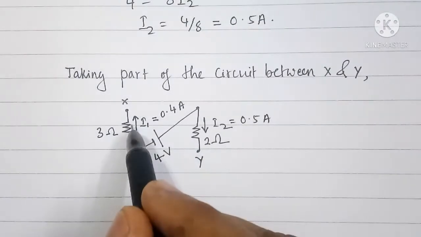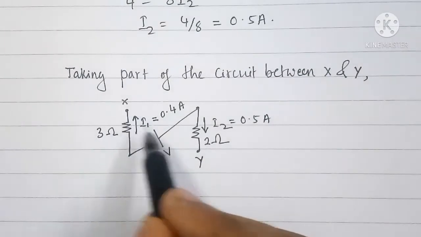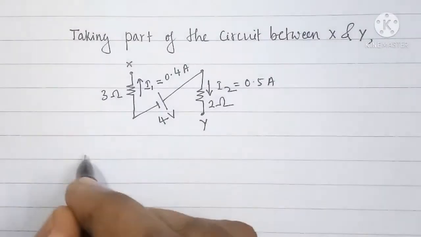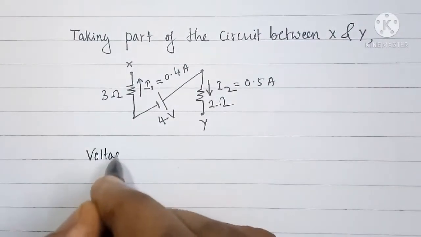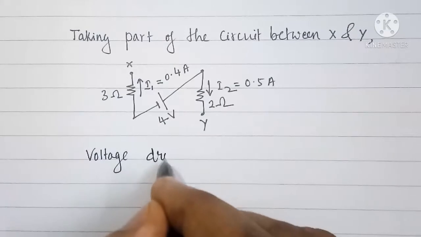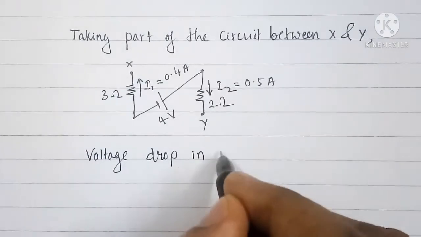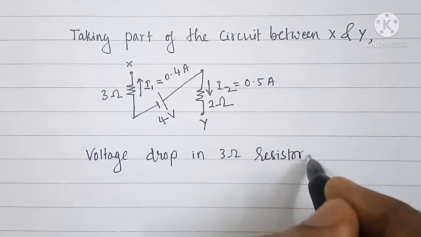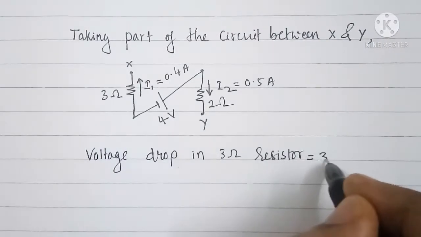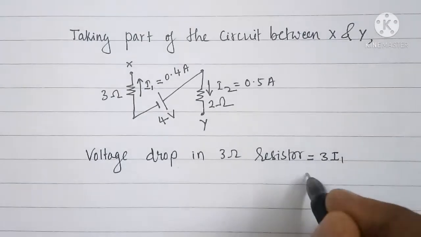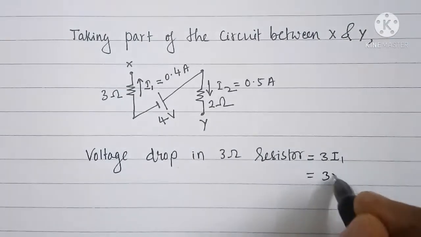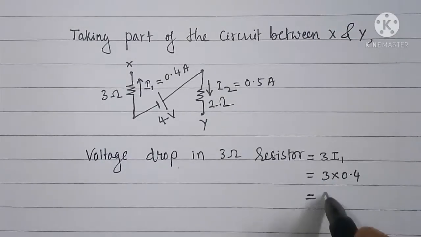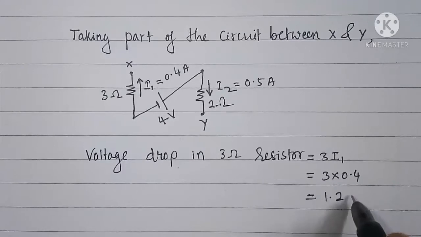We will calculate the voltage drop in the 3 ohm resistor and the 2 ohm resistor. The voltage drop in the 3 ohm resistor is equal to 3 into I1, that is 3 into 0.4, which is 1.2 volt.